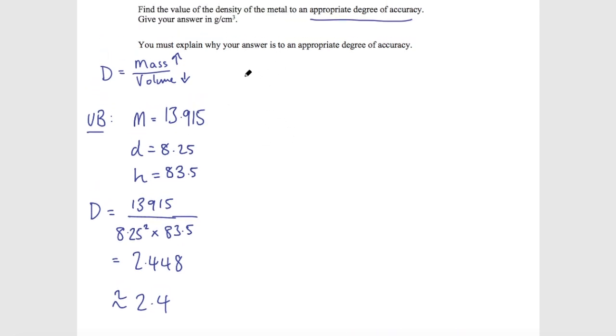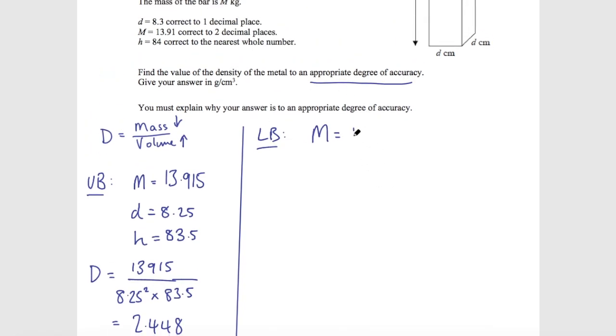And then to work out the lower bound of the density, we want the lowest possible value for the mass and the highest possible value for the volume. So the lower bound of the mass will be 13.905.